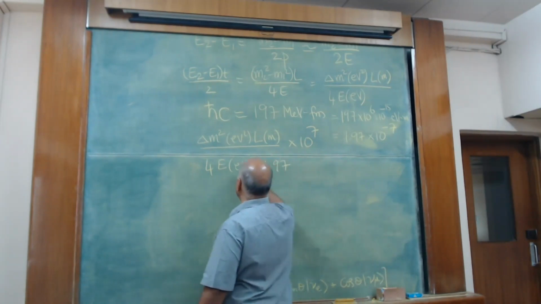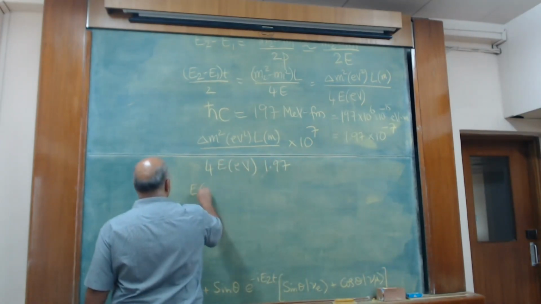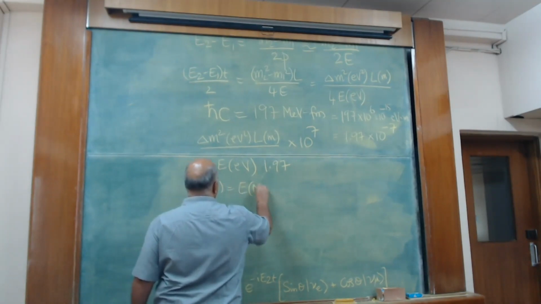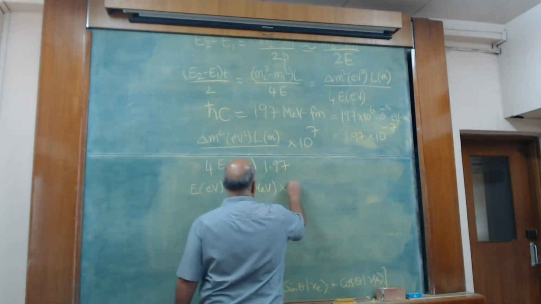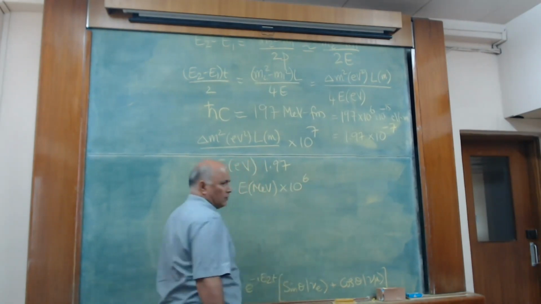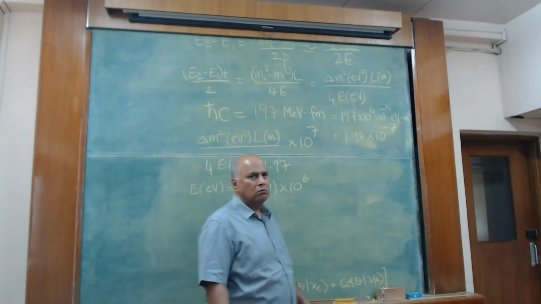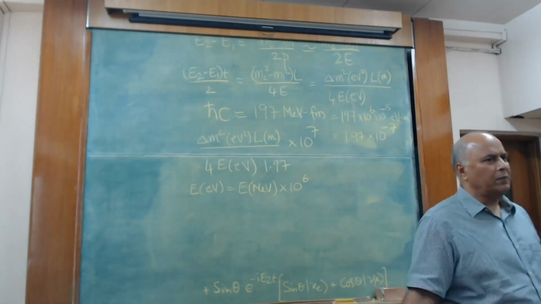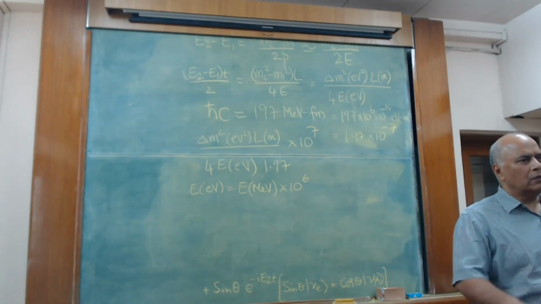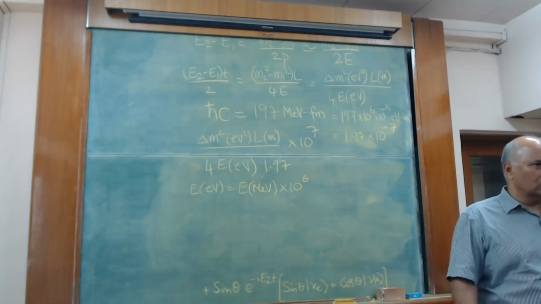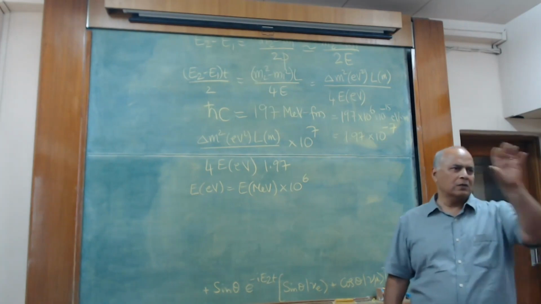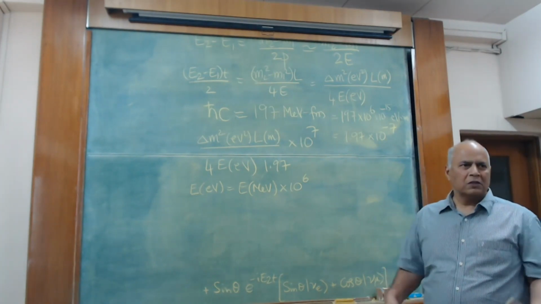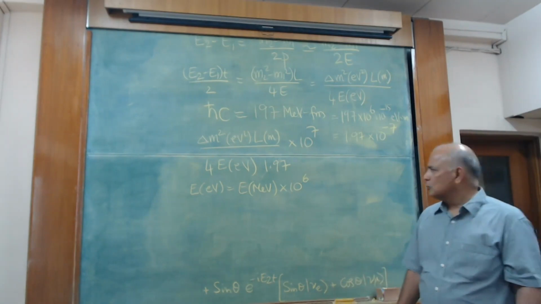And this E in eV is E in MeV times 10 to the power 6. I have energy, let's say 6 MeV, that is 6 million electron volts, 6 into 10 to the power 6 electron volts, or 6 MeV.